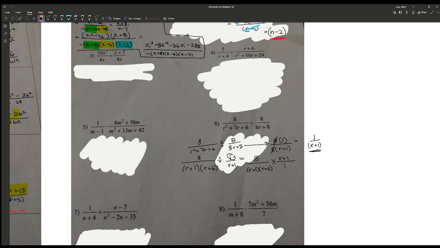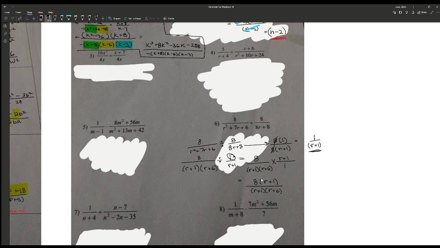Anyways, when we multiply that together, we are going to have 8 times, in brackets, r plus 1 over 1 times r plus 1 times r plus 6, which is just the same thing, since times 1 doesn't change it.